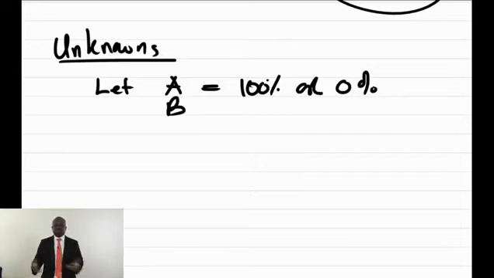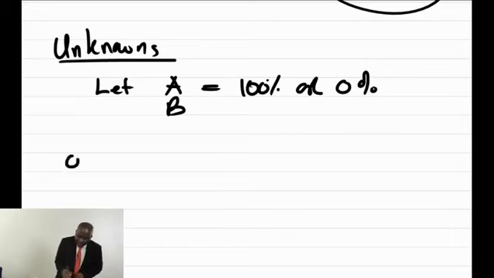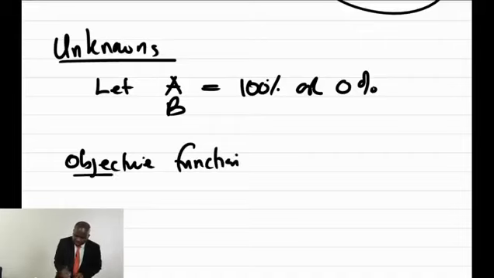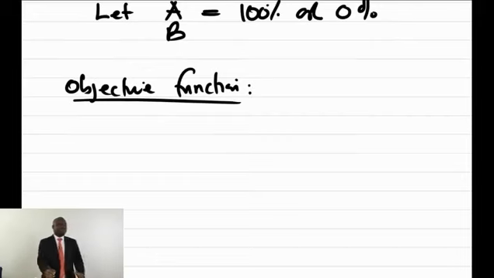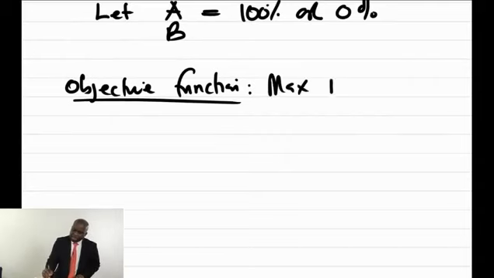You can't do in between. Either you are doing it as a whole or you're not doing it at all. So that is the only difference. The next one will be your objective function. What will be your objective function? So far as integer programming is concerned, you're supposed to maximize only NPV. So I want to maximize NPV.